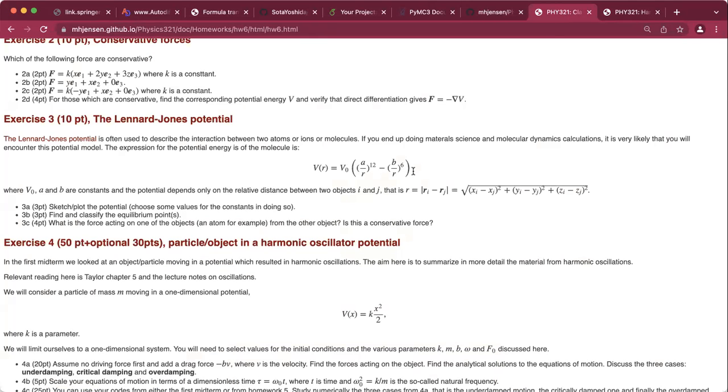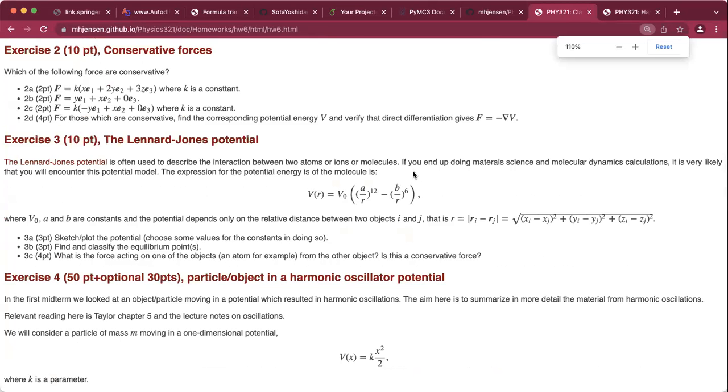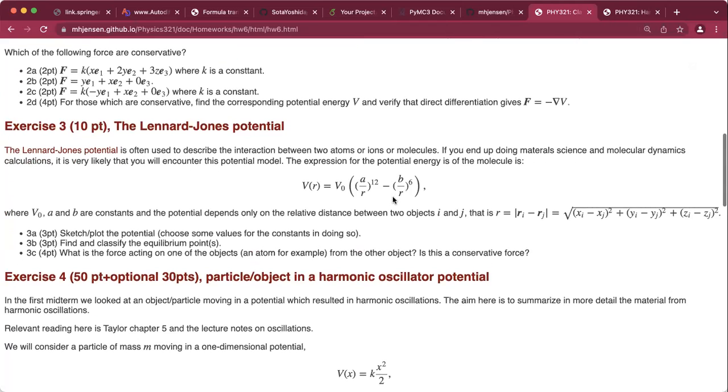So if you look at the exercise, what it says here, it has a potential which depends on the relative distance. Now, when you want to calculate the derivative of that potential in order to find the force, you have to think of a strategy for solving it.